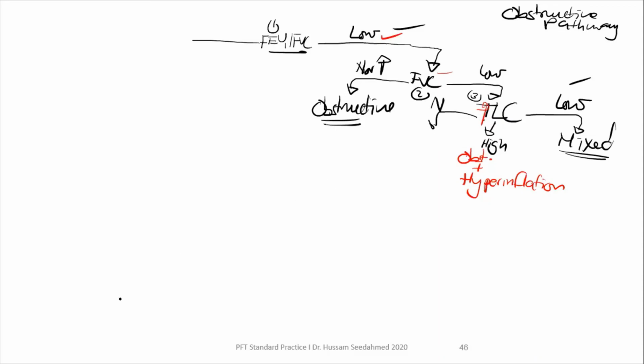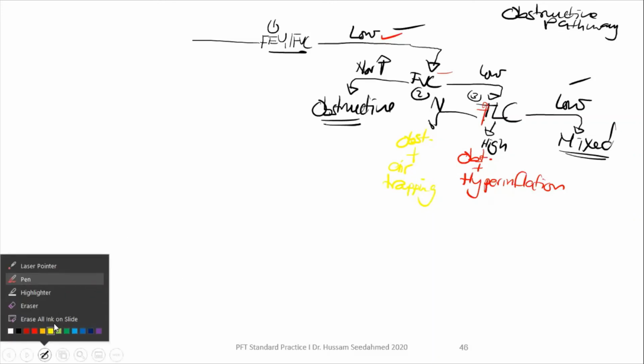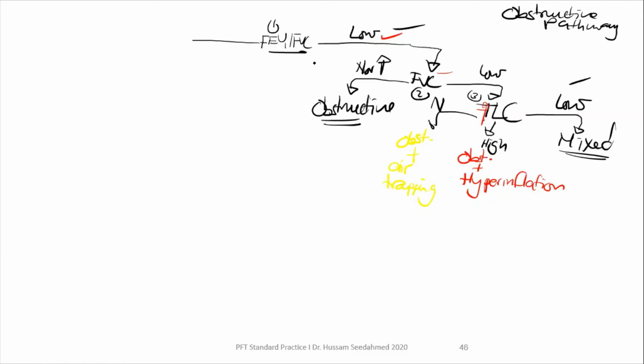This is going to be obstruction plus air trapping. ما هو TLC normal وفي obstruction معناته for example this is obstruction with air trapping. فكده الآن أنا بقى عندي هذه الفكرة بتاعت establishing a differential diagnosis.